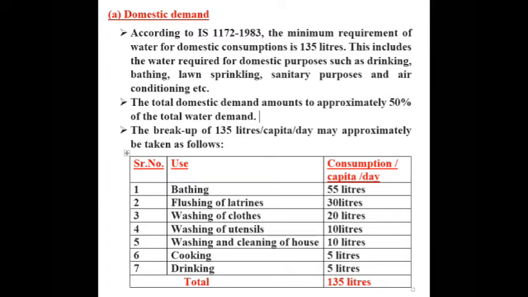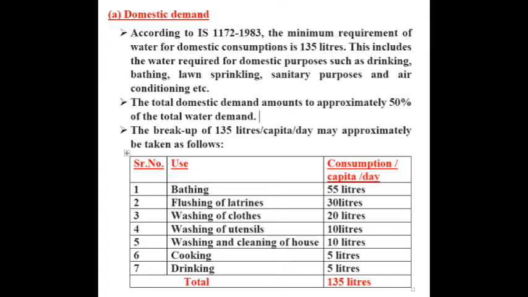For bathing, 55 liters are required per person. Next one is flushing of latrines, 30 liters are required. Next one is washing of clothes, 20 liters are required. Next one is washing of utensils, 10 liters are required.